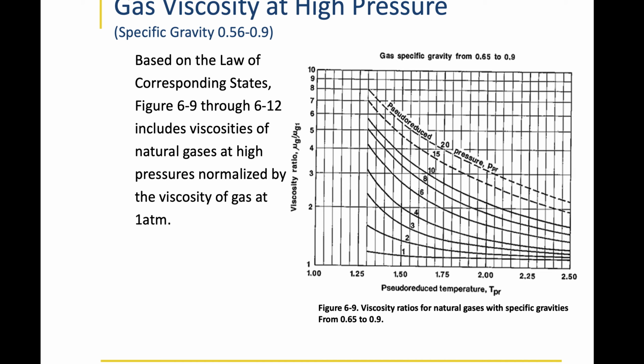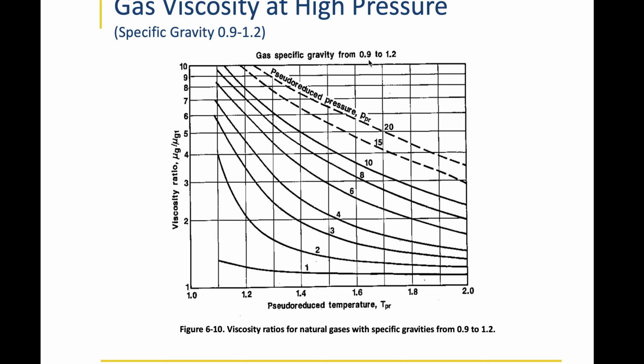So the PPR and TPR calculation is exactly the same as what we discussed in chapter 3. So we can find the TPR and PPR depending on the gas specific gravity, and find the ratio of the gas viscosity over the gas viscosity at 1 atmosphere. Again, the gas viscosity at 1 atmosphere we just calculated, so we can find the gas viscosity at reservoir condition.